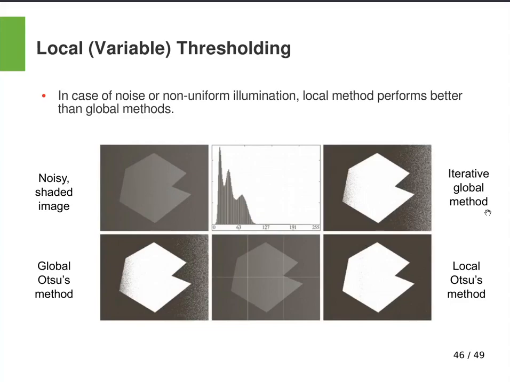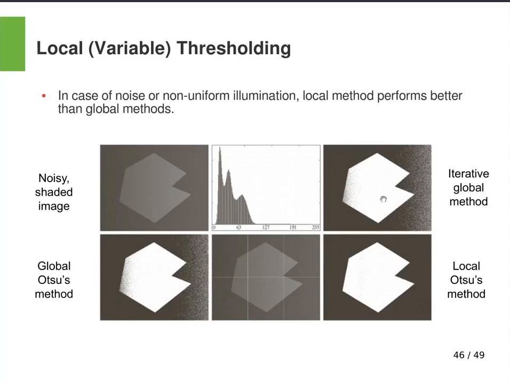So far what we did was we found thresholds that were global, meaning that the threshold was applied to the whole image. What if you find the threshold based on some local information? Let's say you have an image that is noisy or has non-uniform illumination. What you can do is divide this image into several sections, and for each section you can find the threshold.